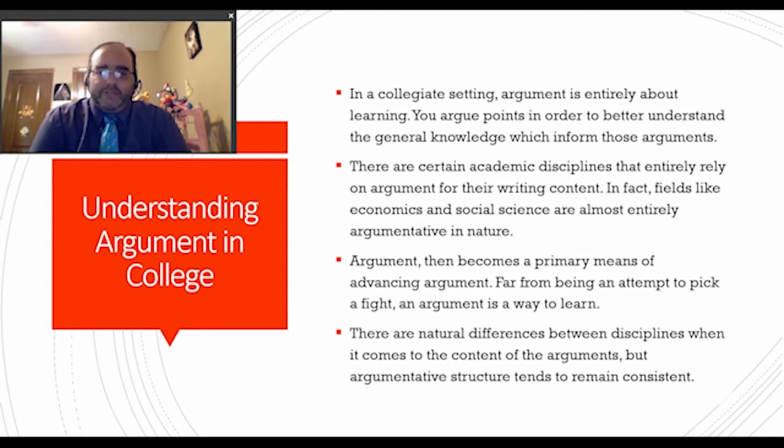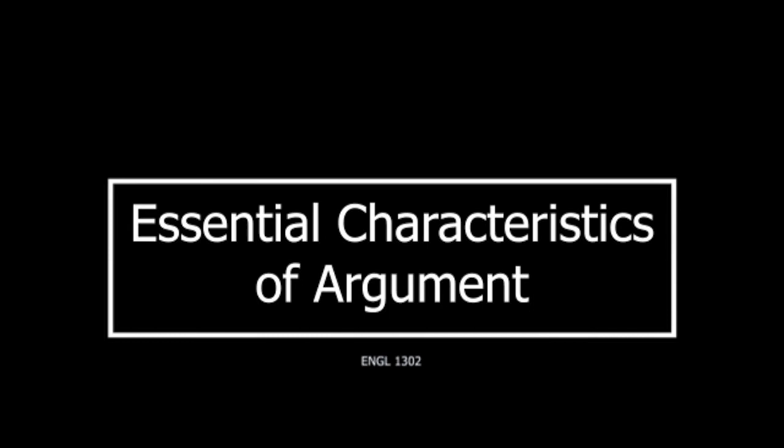So there are natural differences between disciplines when it comes to the content of the arguments. However, argument structure tends to remain consistent. No matter what topic you're arguing in, or what topic you're arguing for, there's going to be at least a fairly consistent structure that you need to follow.